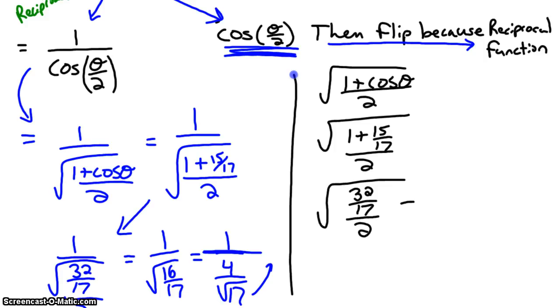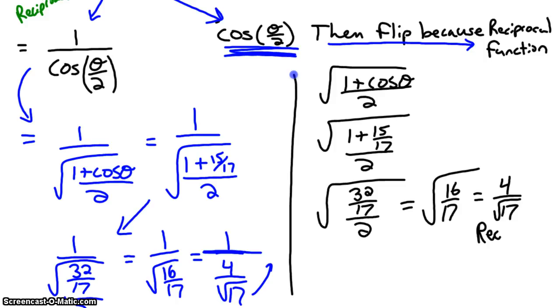Now we've seen this before. That will give me the fraction of 16 over 17, or 4 over radical 17. And now I'm tempted to rationalize, but this being my solution, I now reciprocate it.